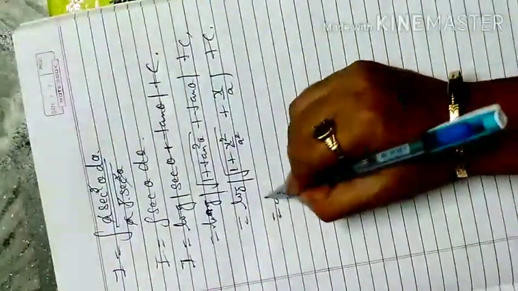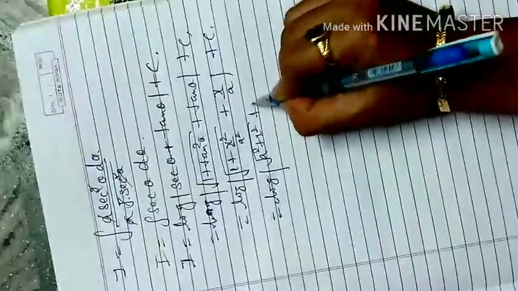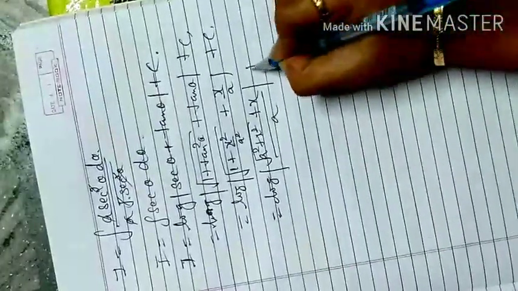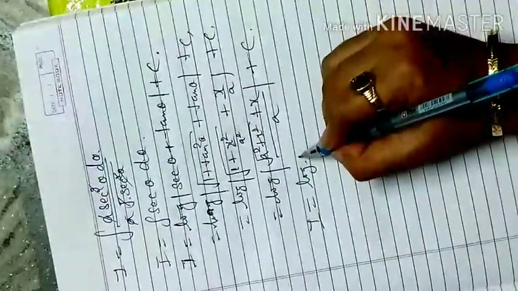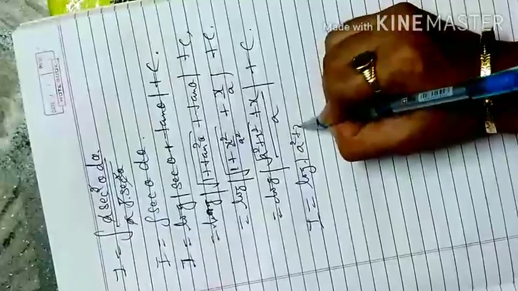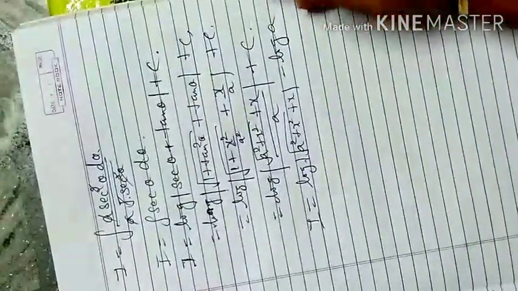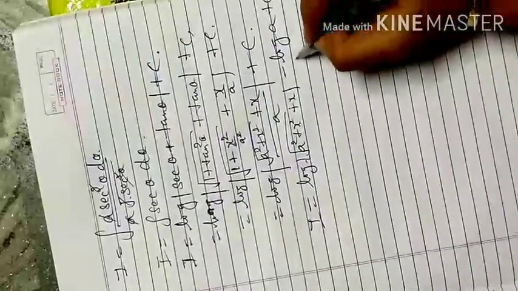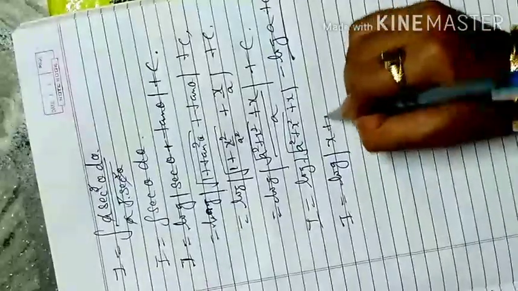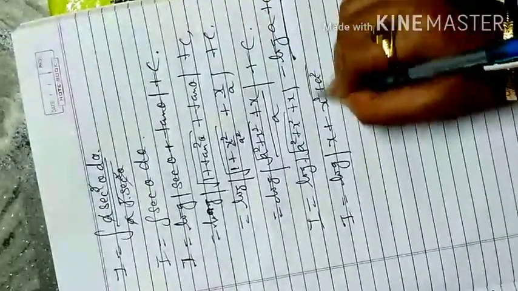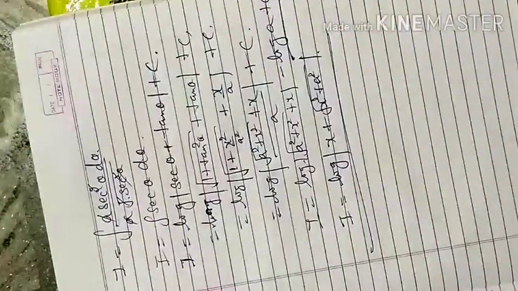So that is log of square root of a square plus x square plus x, and the common denominator is a, again in log m minus n form, that is square root of a square plus x square plus x minus log a plus c, and this merges up with the constant term. Only my formula is left, log of x plus square root of x square plus a square. I can write it this way also. So these are the formulas you can directly apply in your exercise.